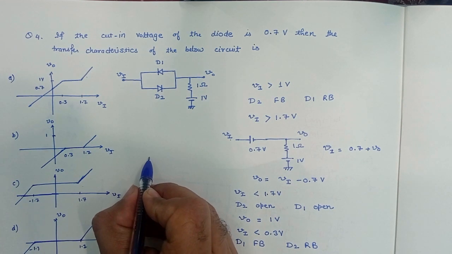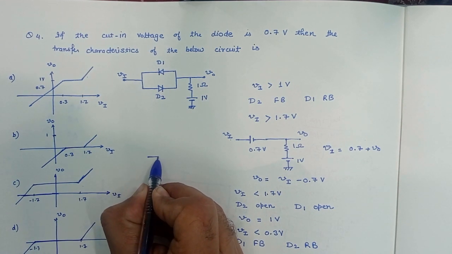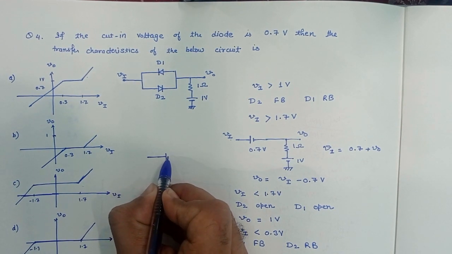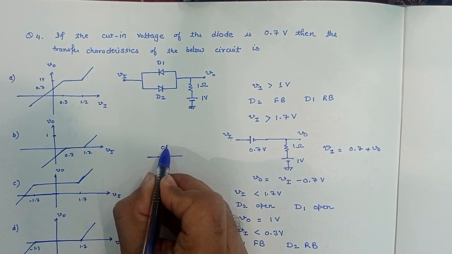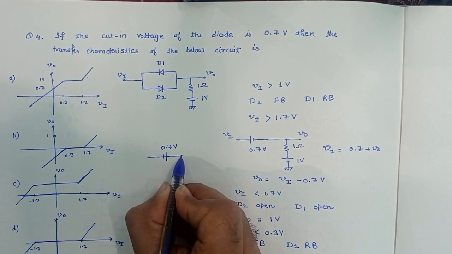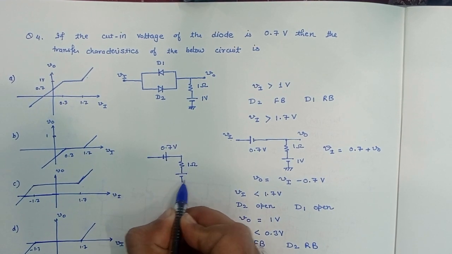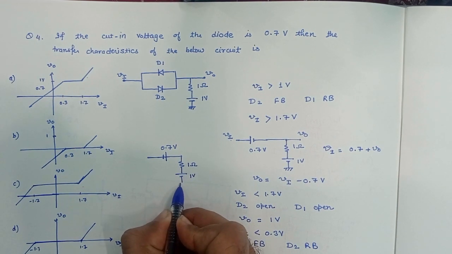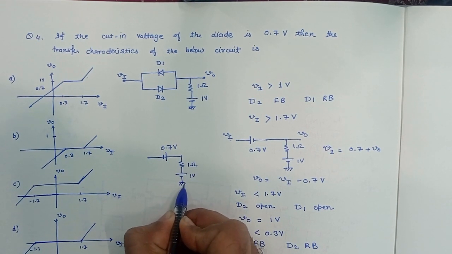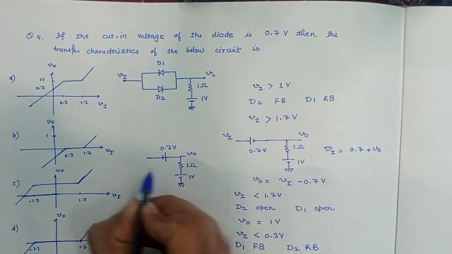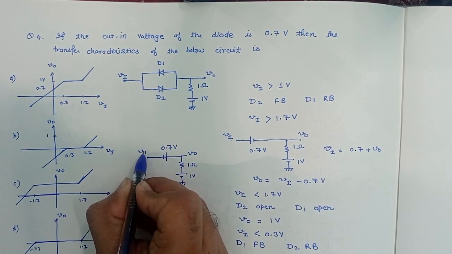So now the equivalent voltage of D1 will be 0.7 volt. Here is a 1 ohm resistance and this is the 1 volt cell. Output voltage here, input voltage here.